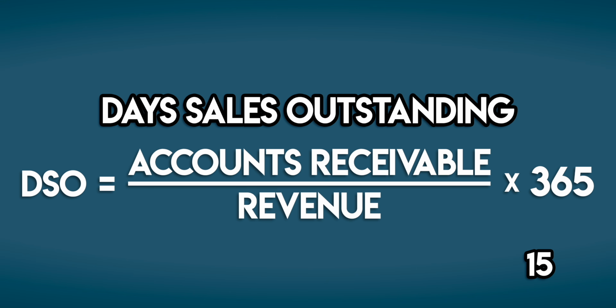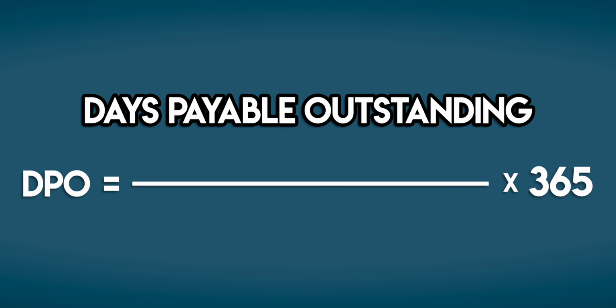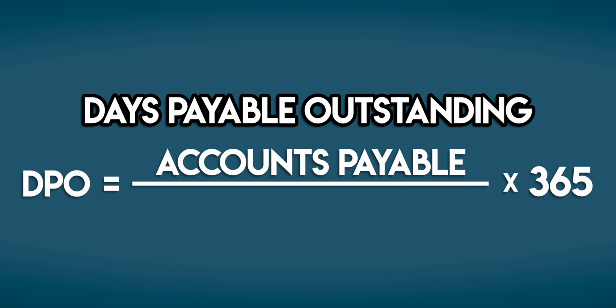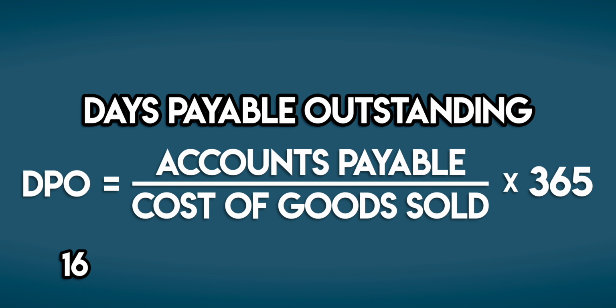And last but not least, we have days payable outstanding, which is basically the payables turnover ratio upside down. Days payable outstanding is accounts payable from the balance sheet divided by cost of goods sold from the income statement times 365.